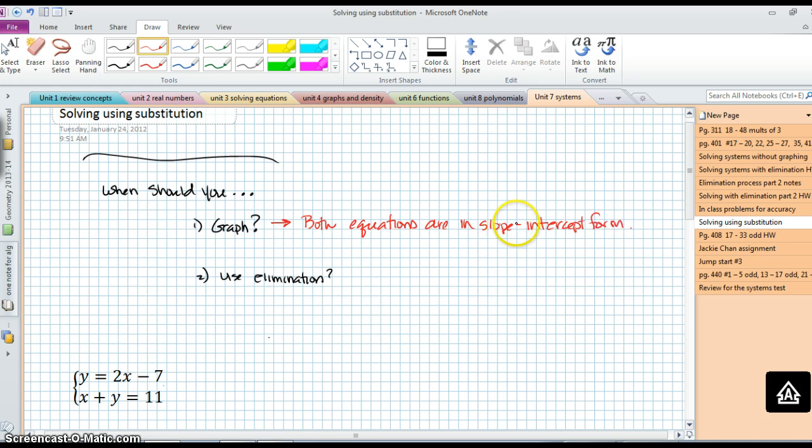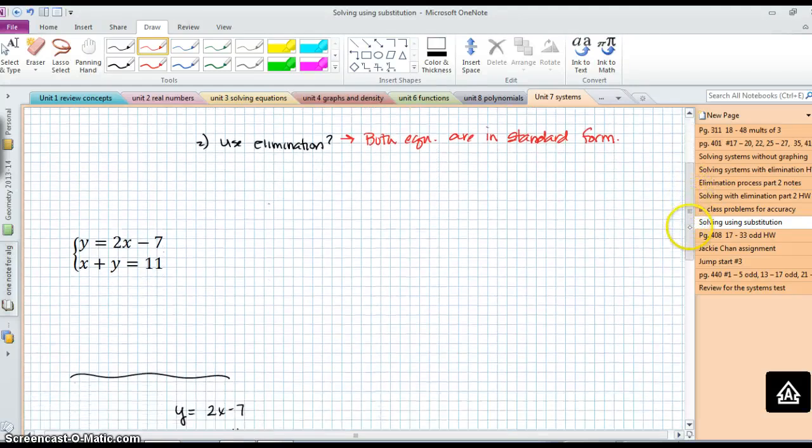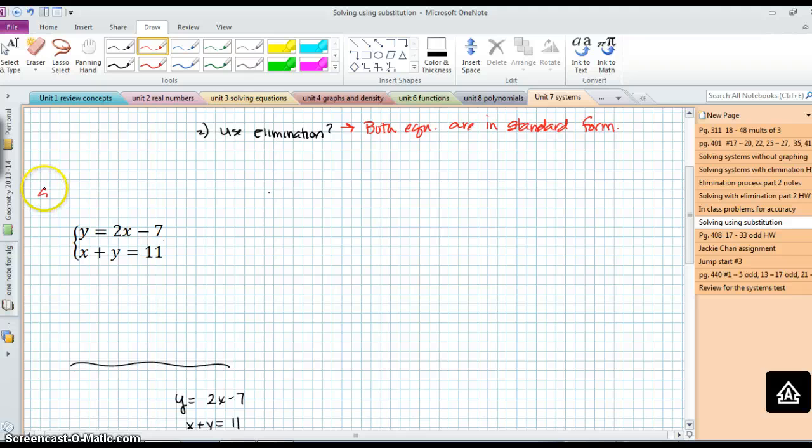The best time to use elimination is when both equations are in standard form. And if you go back and look at all of the different systems that we've solved, you'll find out that that is the case for both of those. We graphed equations that were in slope-intercept form, and we used elimination for equations that were in standard form. But there's a third option when solving a system, and that's called substitution.